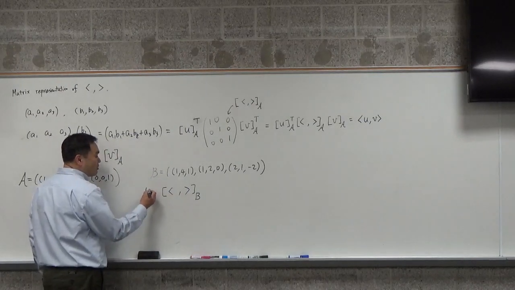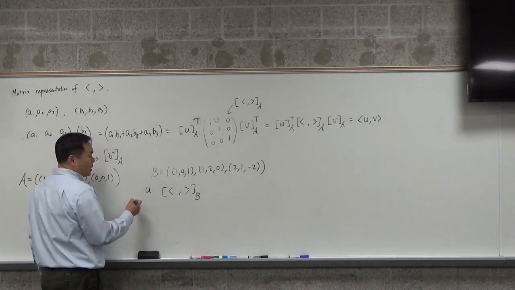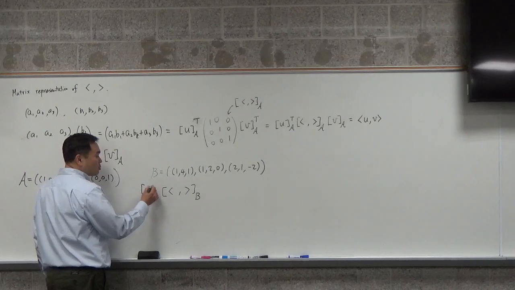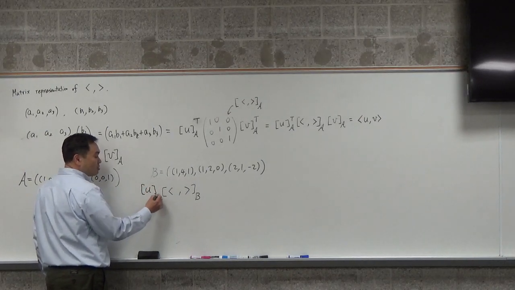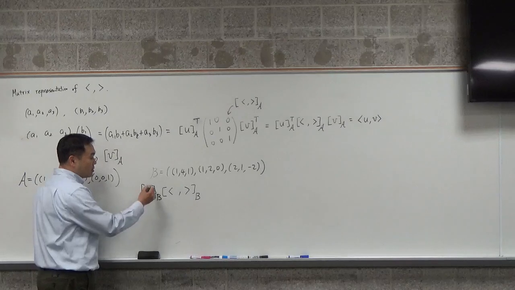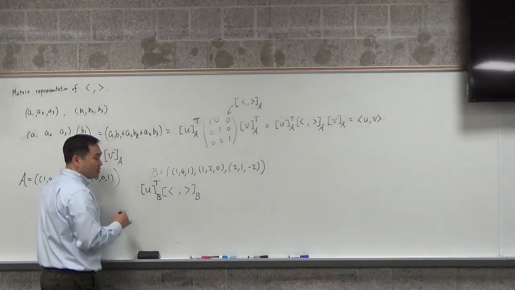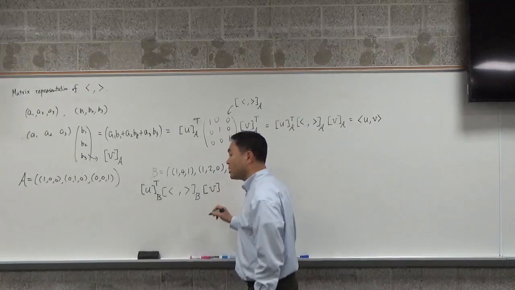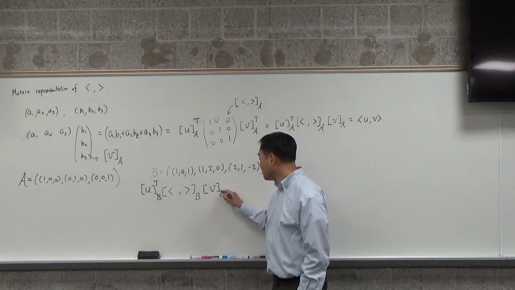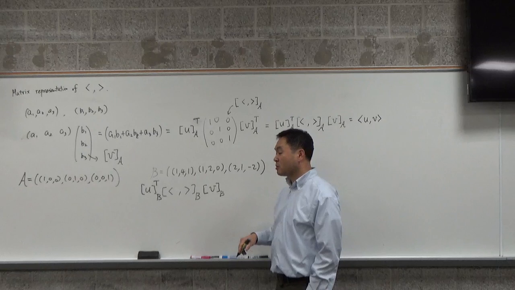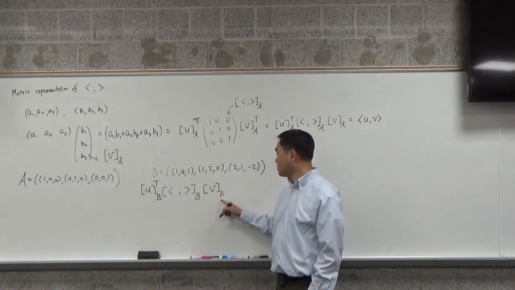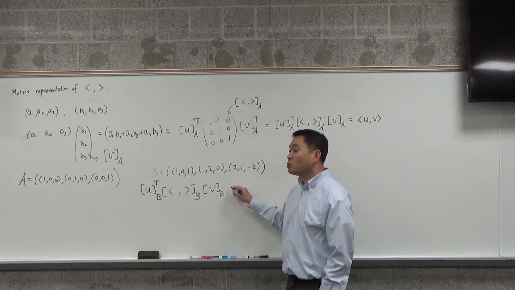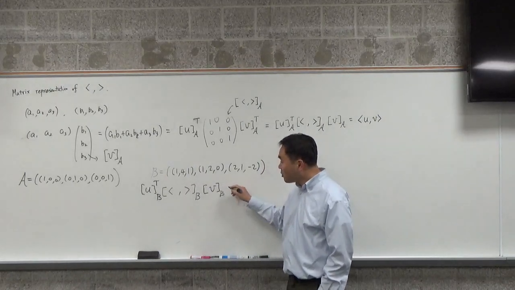If I give you any vector u, then you can write down the representation of u under this basis B, right? Take the transpose, right? And then if I give you another vector v and write down the coordinate matrix with respect to basis B, and if you do this, what do we want from this?